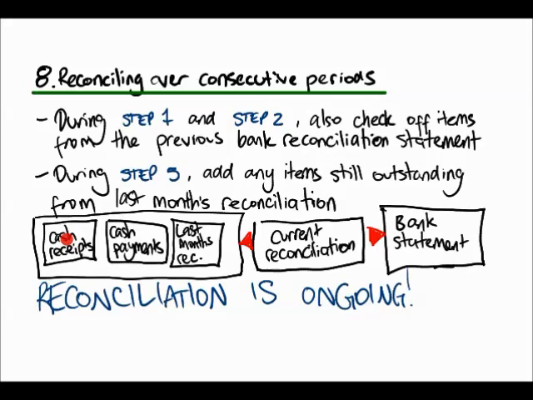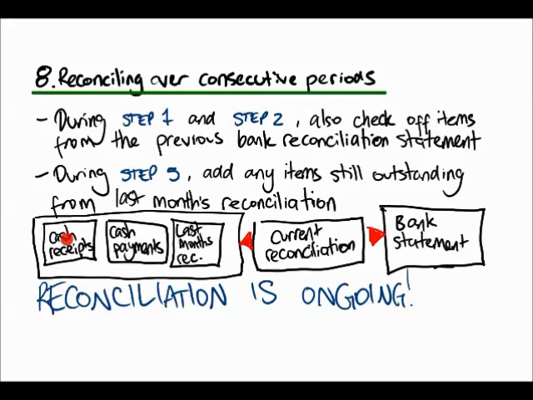So to do that, during the first 2 steps of the reconciliation process, you take your cash payments journal and your cash receipts journal and tick them off. You also need to take last month's reconciliation, get the list of the things that are still outstanding, and tick those off as well.